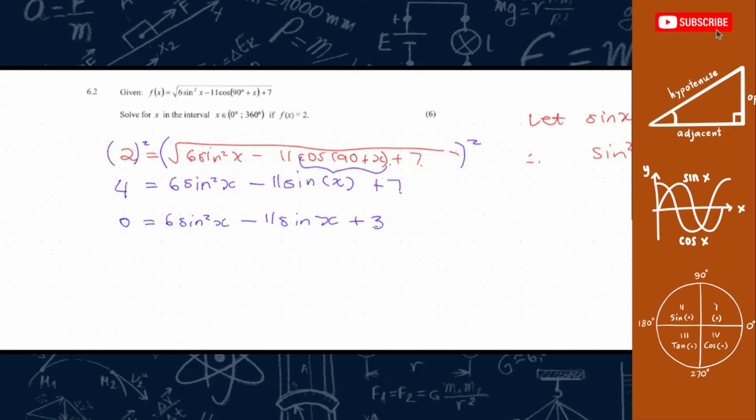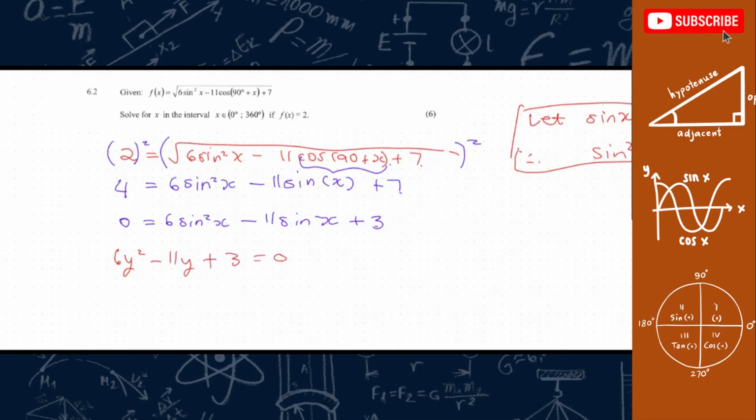Only when you're done finding the values can you replace it back, as long as you said on the side that you are recognizing sine x as y for now because you want to solve. So we'll have 6y squared. Notice that I didn't use x because x is already a variable that we have there. Please don't make that mistake of using x. It's not allowed. Don't use a variable that's already there. Minus 11y plus 3 is equal to 0.